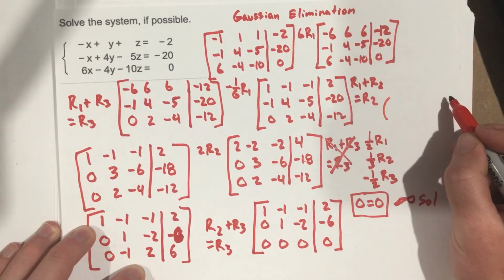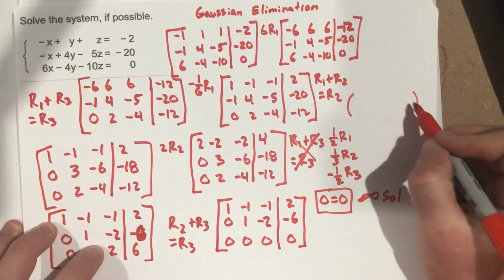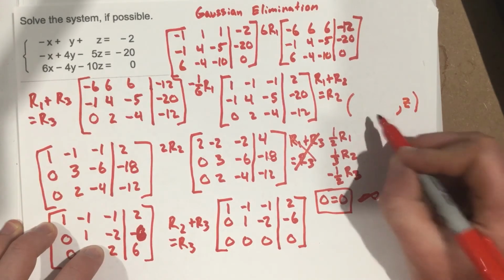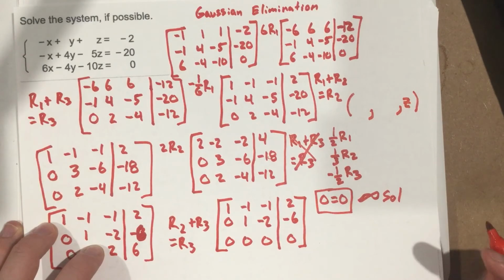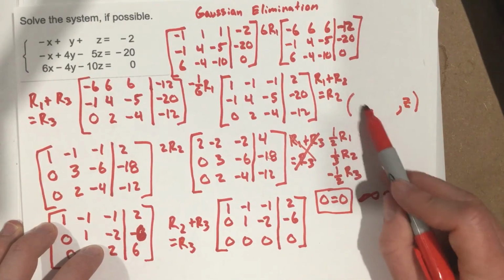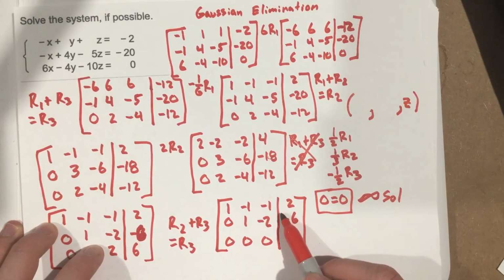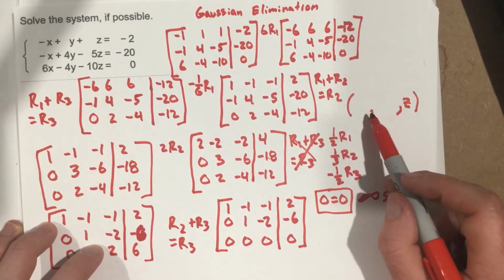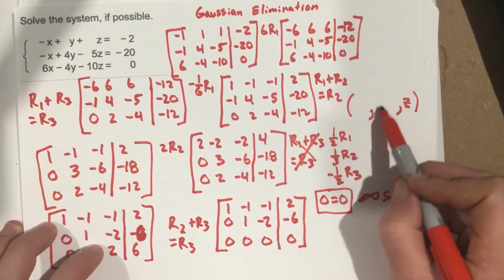We pick a variable such as z to be our infinite solution variable. And then we write y in terms of z, and we write x in terms of z. So we want to write these two equations out, and we want to basically rearrange them so we end up with x in terms of z, and y in terms of z.